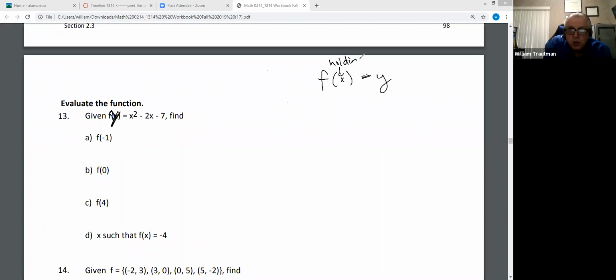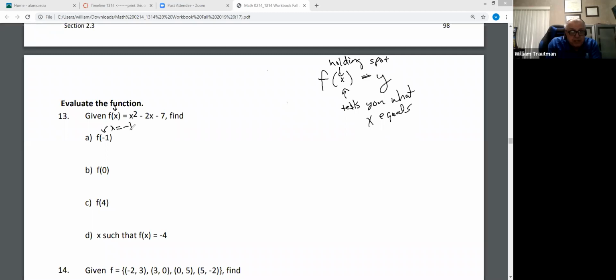There's no math happening in that holding spot. That just tells you what x equals.